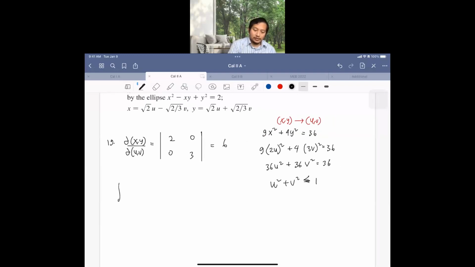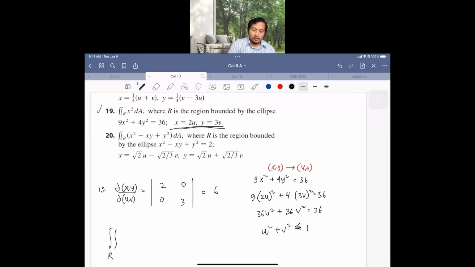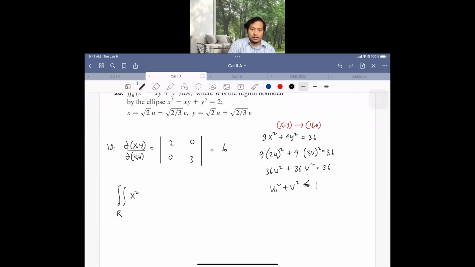Now, if we have the double integral over R of x squared dA, then we could take the double integral over our region u squared plus v squared less than or equal to 1. Then x squared, changing with u, becomes 4u squared. And then we take the Jacobian 6 as we already calculated, and then du dv or dv du, we can just write it like that.